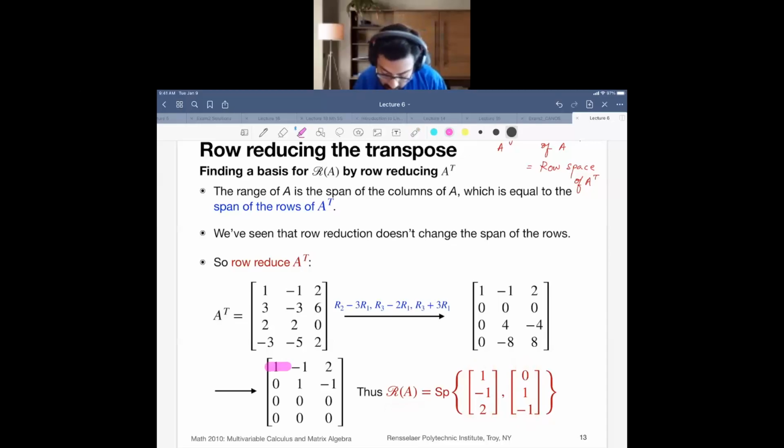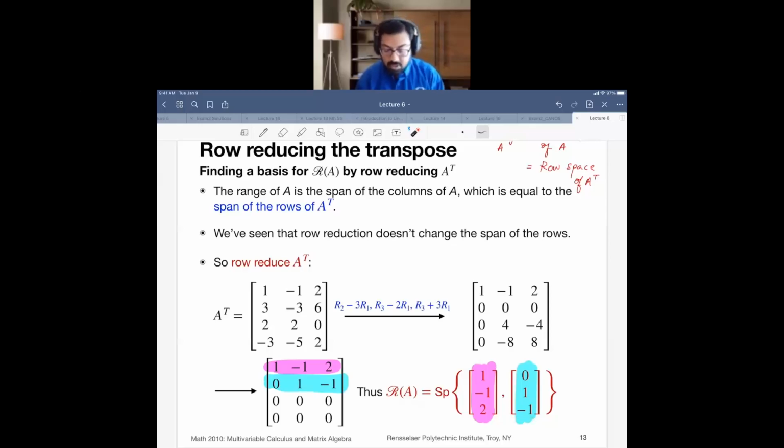Essentially, this is my first vector there, and then the second vector is here. They are linearly independent, and they are going to span all of my range, which means that these two vectors will form the basis of the range of the matrix.